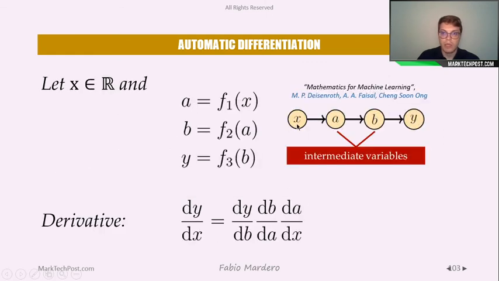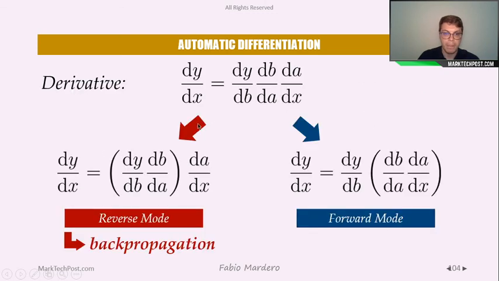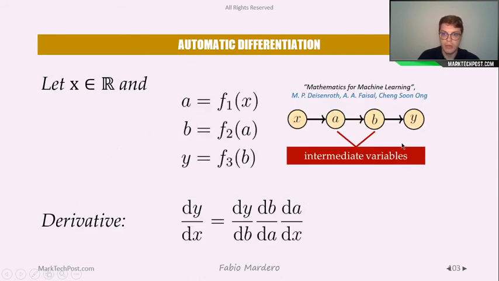Remember this graph, we go from x to a to b to y. In here, if we go from x to a as the last term, because we have already computed this one, we are going in reverse. I compute y, b, this derivative, then I go back and I do b, a, okay, and so on.